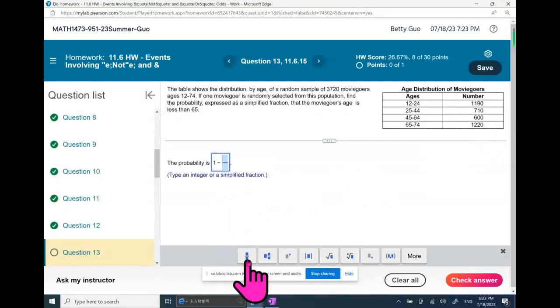So I'm going to use the complement, 1 minus the probability that a randomly selected person is equal to or older than 65. That's going to be 1 minus 1220 over the sample size, 3,720.